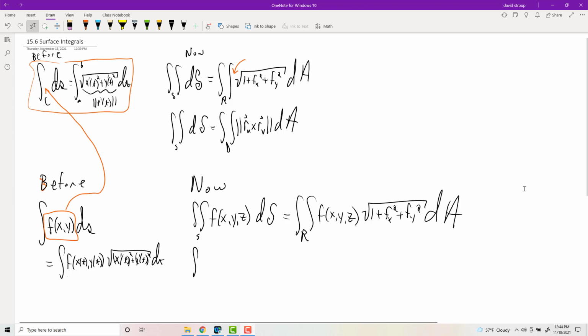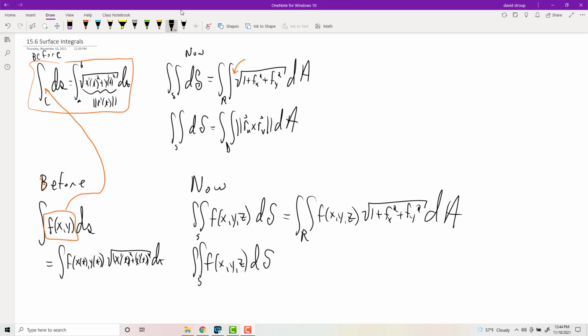Then in the parametric form, we'll also have to deal with that. So you would end up with some function plopped in here, ds. And then to evaluate that, of course, we have to convert everything over, and we can start at the same place. Let's put f of x y z ds, and then we'll convert it over to our uv plane by doing substitution.